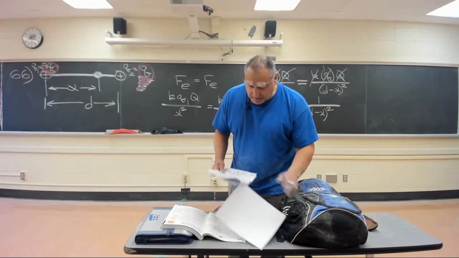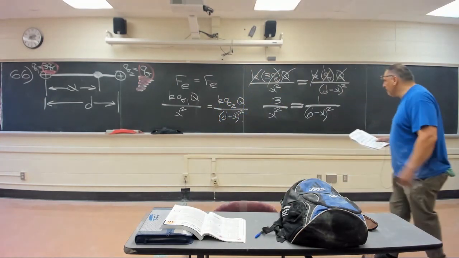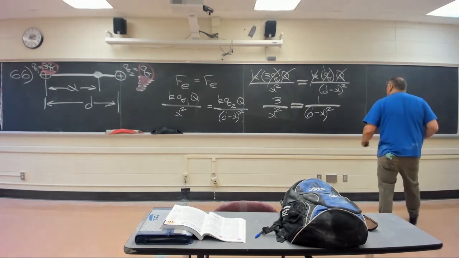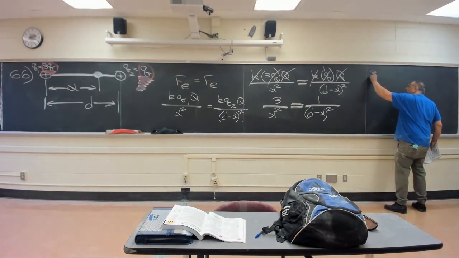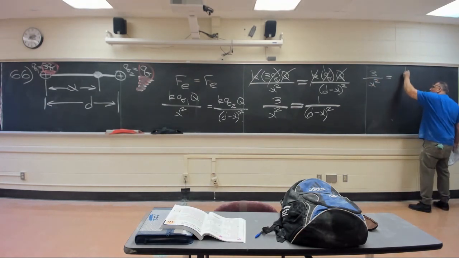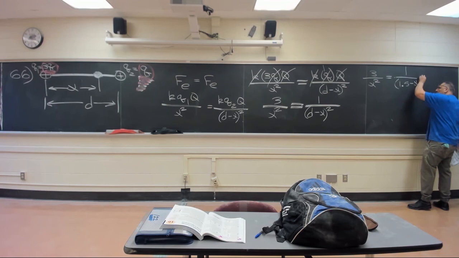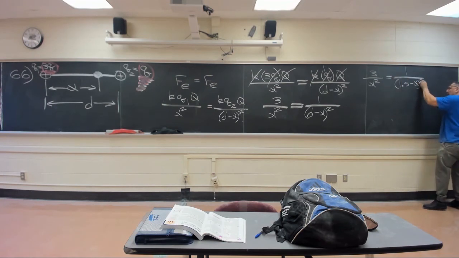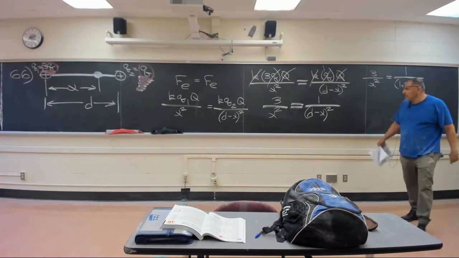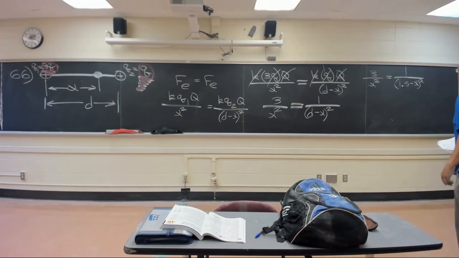It's a horse apiece, you guys. Didn't we say D was 1.5? Yeah, we did.